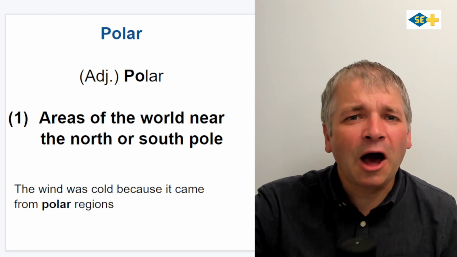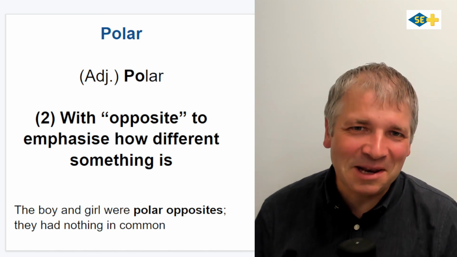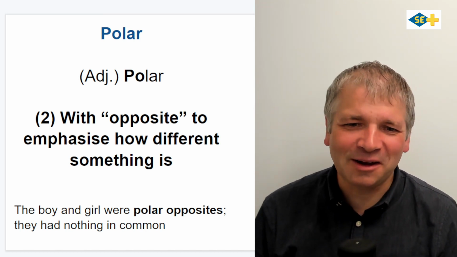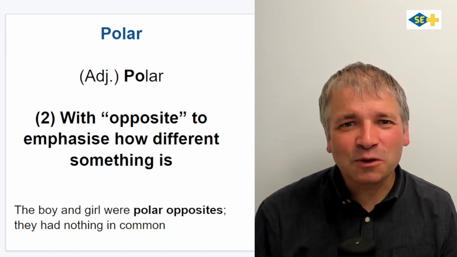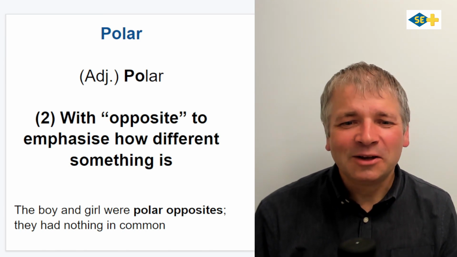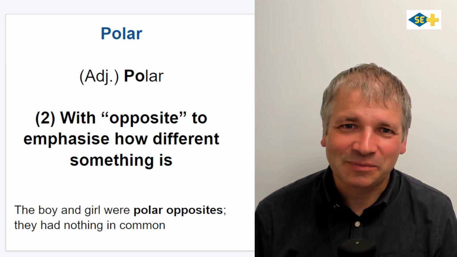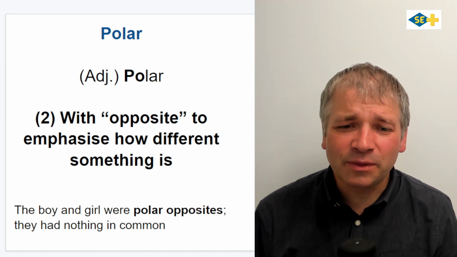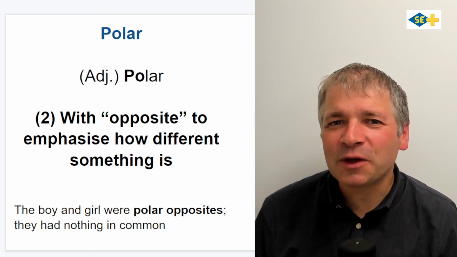But there are some other uses of the word polar. The second one is related to the North and South Pole, but slightly different. We can use the word polar next to the word opposite to emphasize how different something is. So the boy and girl were polar opposites. They had nothing in common.